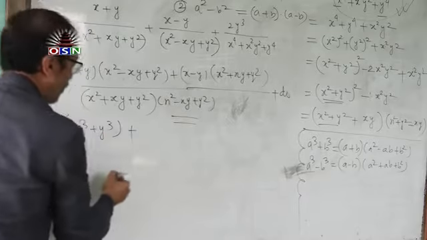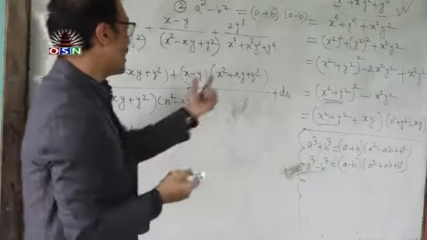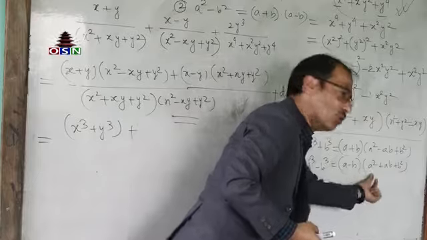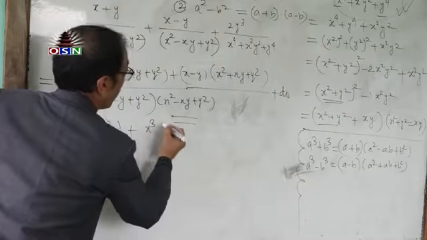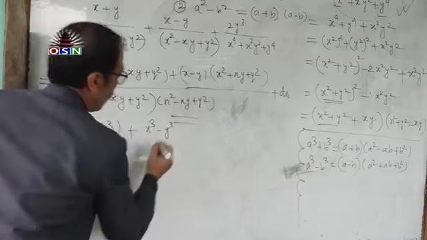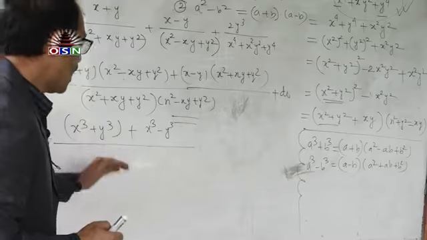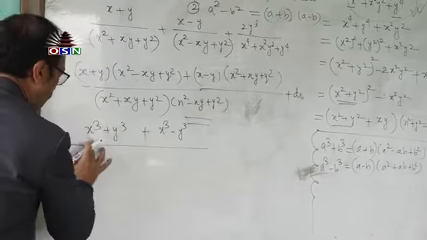Similarly, when these two are multiplied, this is compared with this structure. It means when we multiply these two, we will get the product a cube minus b cube. So x cube minus y cube we will write here downwards. Now no need to write this bracket here.